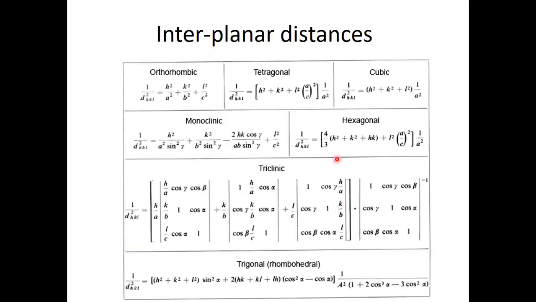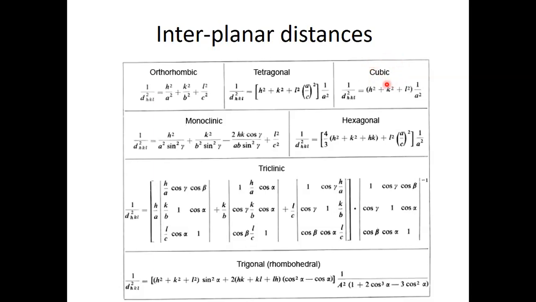All right, so now we can develop general relationships between the lattice parameter and the Miller indices and the interplanar distance associated with these Miller indices for all crystal systems. And we can use these relationships in order to determine unit cell parameters by a process called indexing.